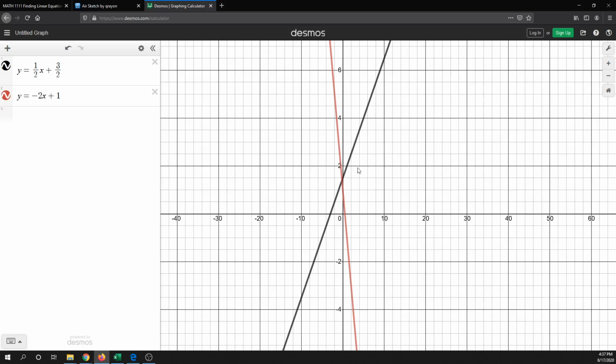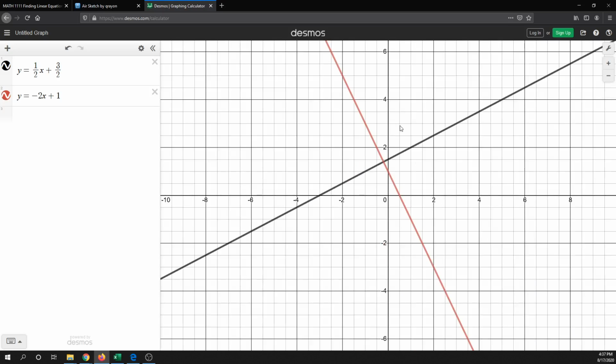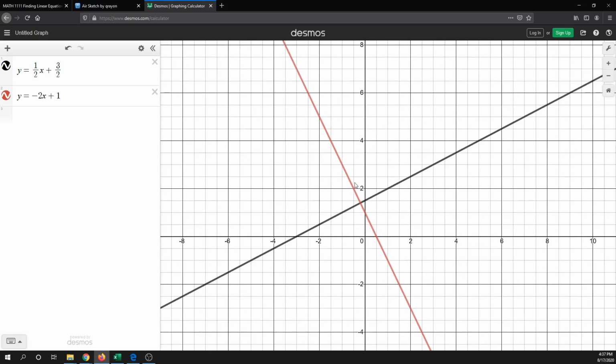It's like the perspective of it. If you're looking from kind of a weird angle, or this window is distorted, it's not going to look right. So if you're sketching these out to check yourself, you have to be aware of that. If you don't have the perfect square viewing window, it's not going to look right for perpendicular lines.